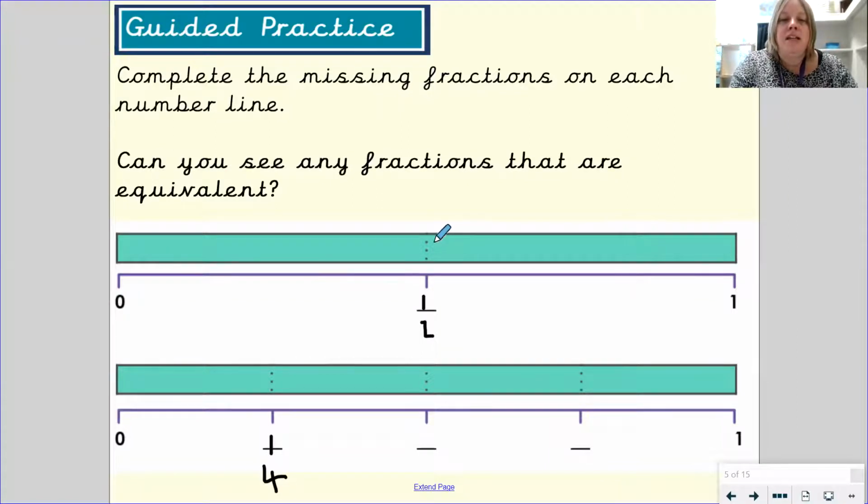If we look closely, we can see that where our half is, where 2 quarters would be. So we can say that 2 quarters is equivalent to 1 half. That means it takes up the same amount of the bar.